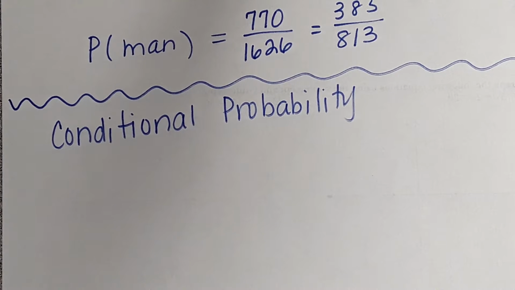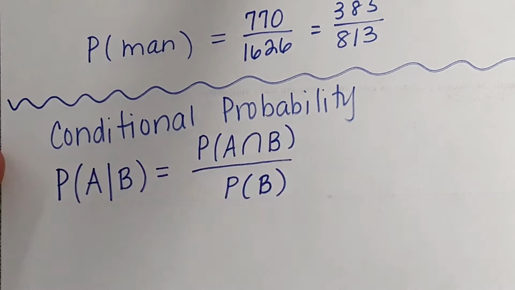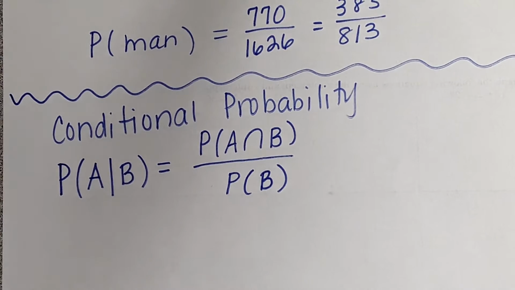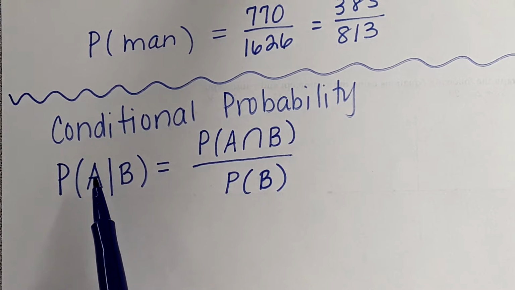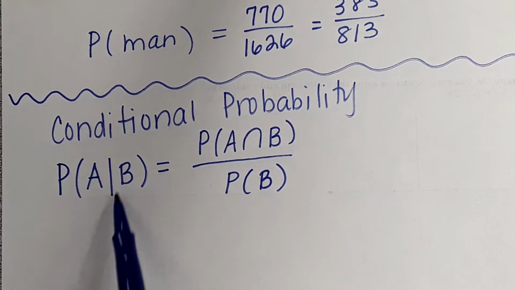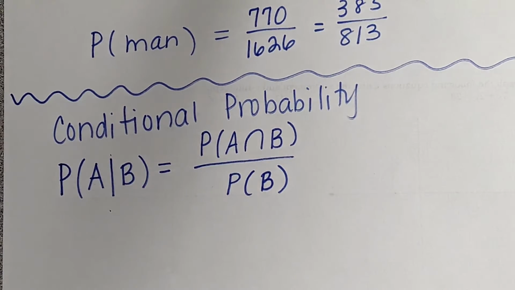I like conditional probability, but it can be a little confusing sometimes. What is the probability of event A happening given event B happens? Again, what is the probability of event A happening given, that's what the line means, B is happening?